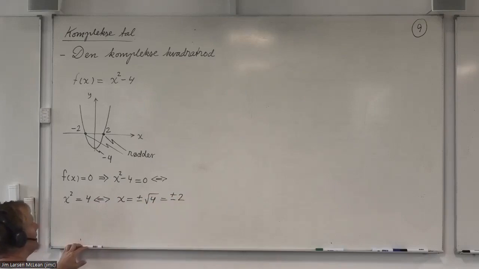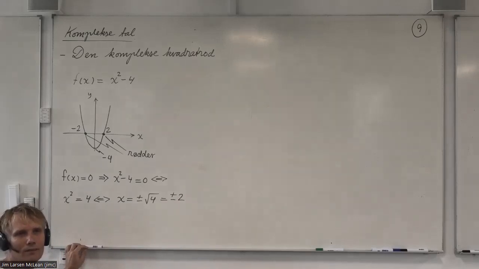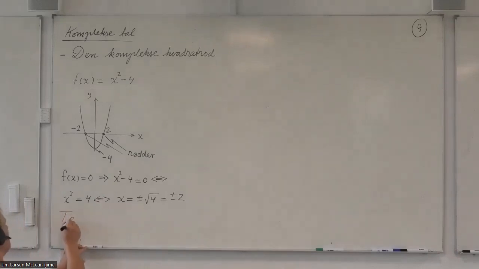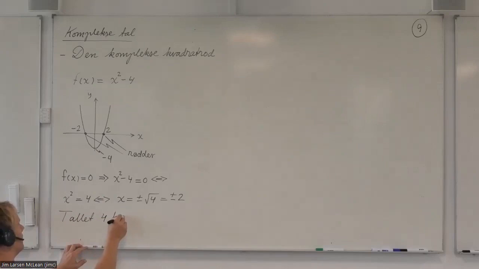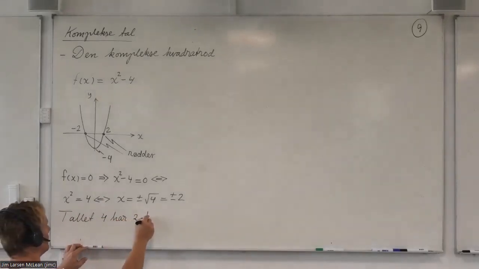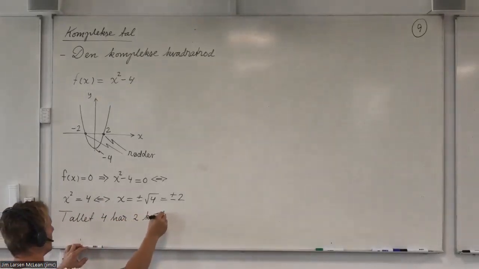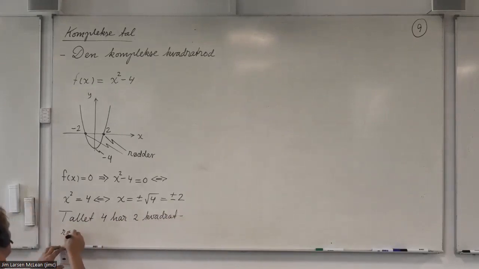And what does that mean? There are two roots. And what do we call these two roots? We call them the two square roots of the number 4. So the conclusion is that the number 4 has two square roots.